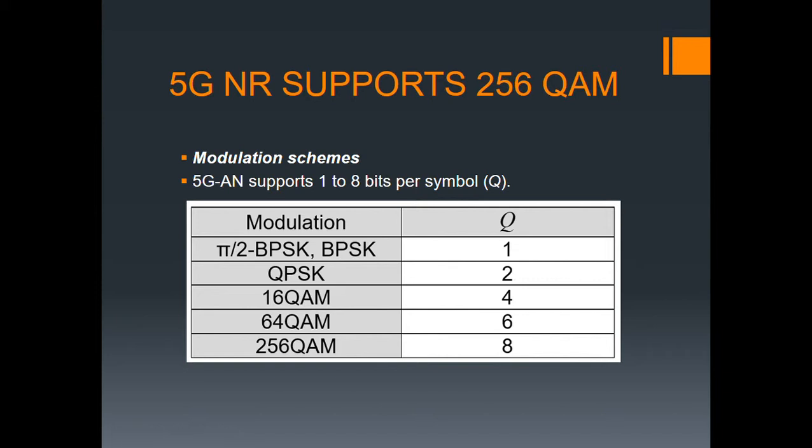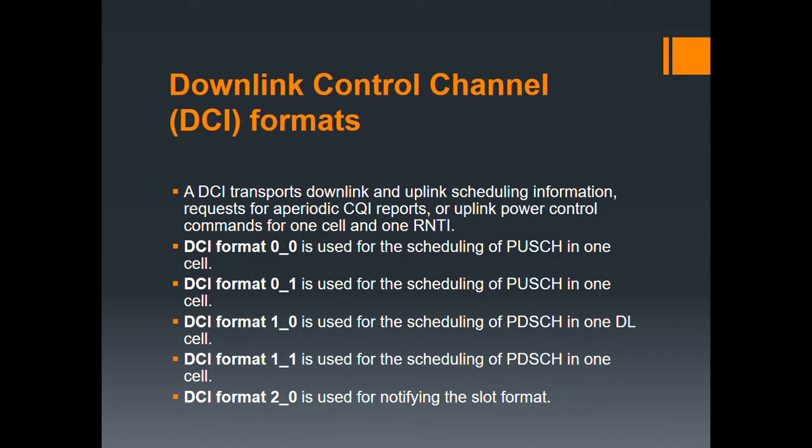Okay. So downlink control channel formats, we have DCI transports downlink and uplink schedule information, different formats to take care of physical uplink shared channel and downlink physical downlink shared channels.